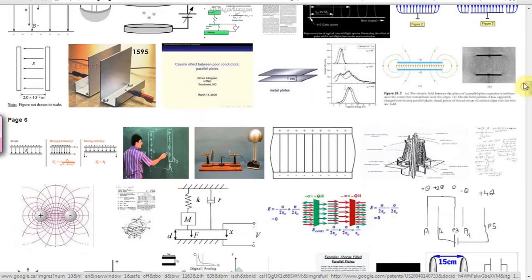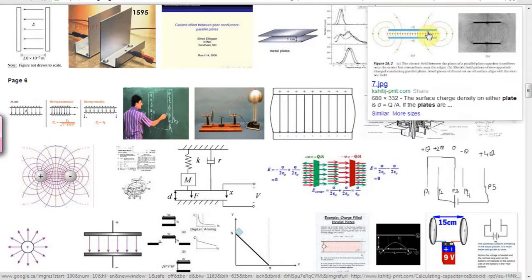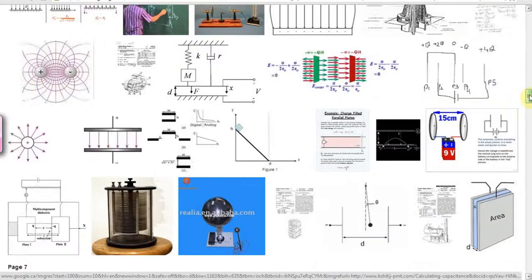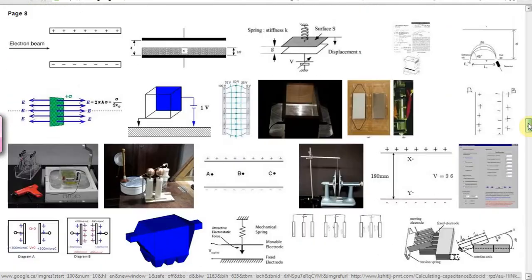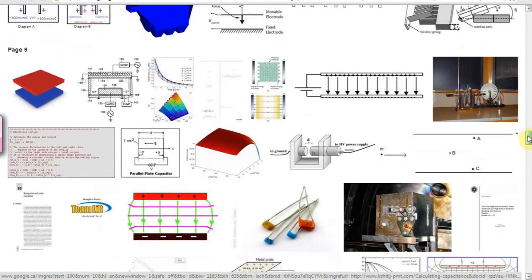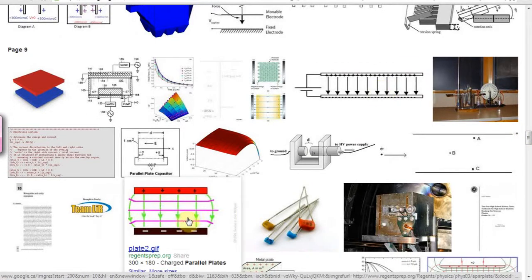So you can see how many diagrams there are in applications. Okay. I like that one. It's quite clear. When you get to the edges, it starts rounding out.